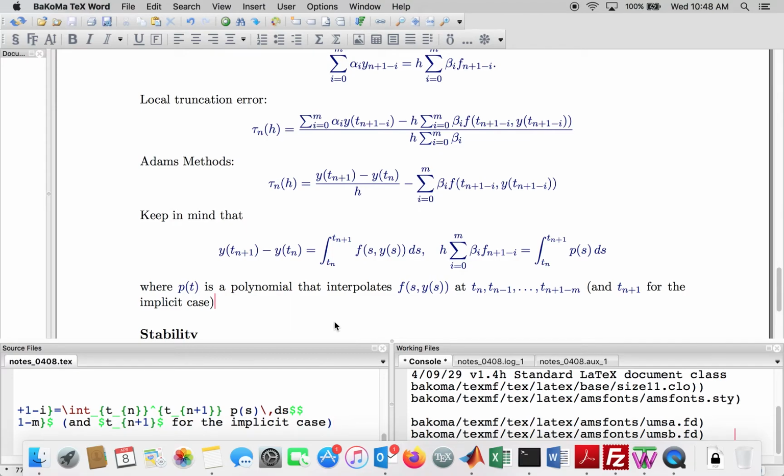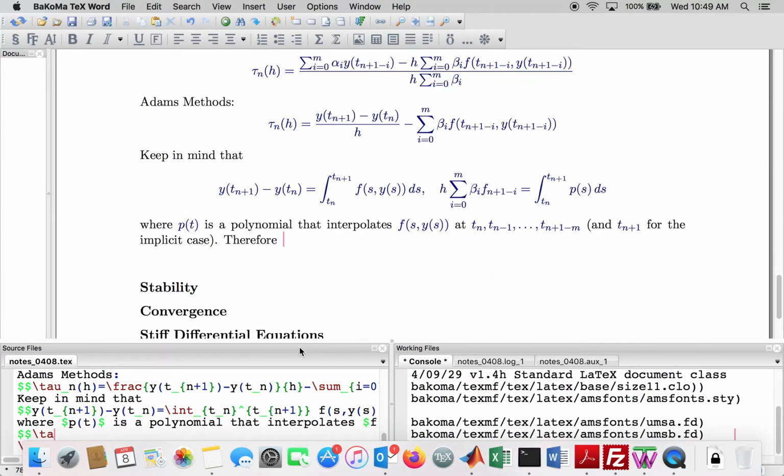Okay, so now if I divide both of these by h and have the exact solution substituted in here, really what we have is the local truncation error is equal to the exact integral of f minus the approximate integral of f using this interpolating polynomial, all divided by h.